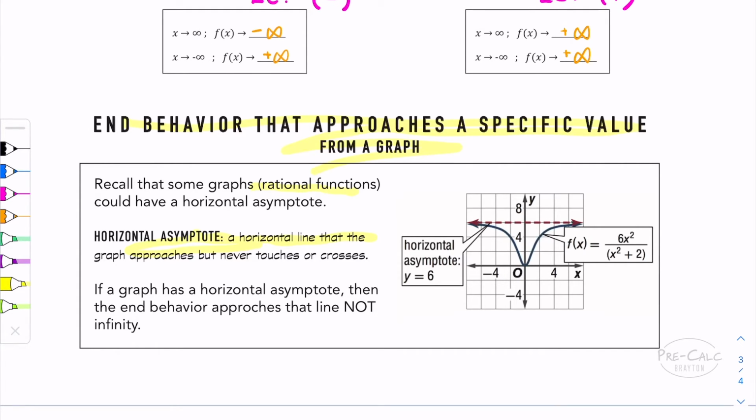And you can see that in this function here. This function is coming up to that red dashed line, but it is never touching it or crossing it. If a graph has a horizontal asymptote, then the end behavior approaches that line, meaning the line of the horizontal asymptote, and not infinity.